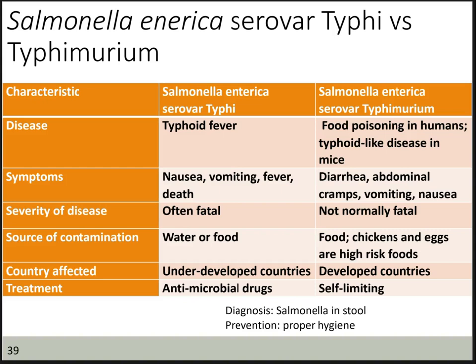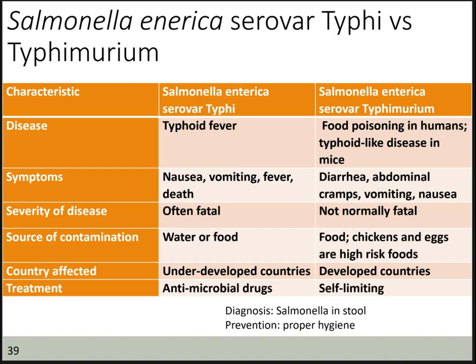So this is a table that contrasts Salmonella enterica serovar typhi versus Salmonella enterica serovar typhimurium. Now, typhimurium is self-limiting and is not normally fatal, whereas typhi causes typhoid fever and is often fatal. For typhi, a patient needs to be treated with antimicrobial drugs, whereas with typhimurium, it's self-limiting.